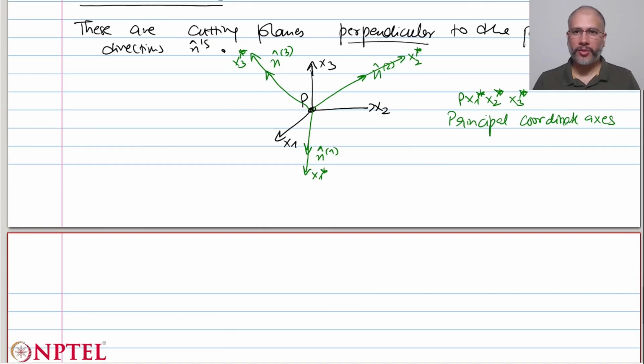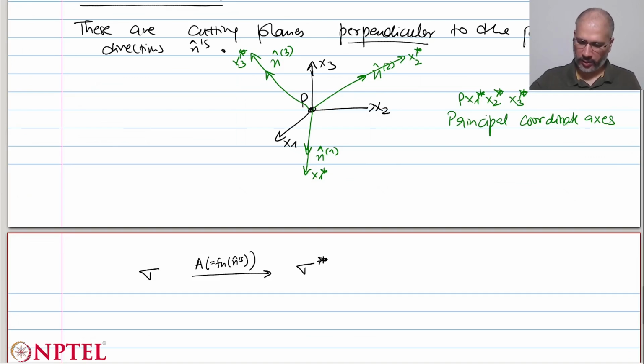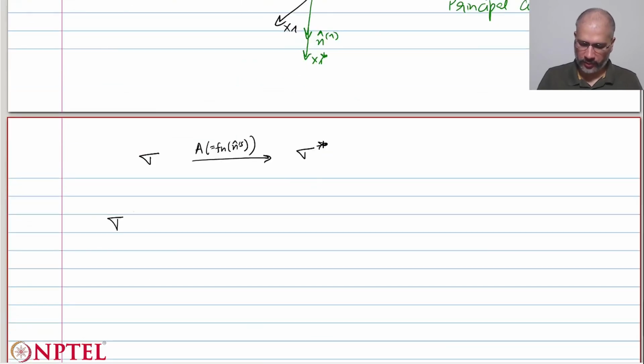If I transform my sigma from the base coordinate system, P x1, x2, x3, to the starred coordinate system, P x1 star, x2 star, x3 star, using the transformation matrix A, which is a function of the n hats, and we have shown that earlier, it basically contains the 3 vectors n hats as its elements. When we do this transformation, we get sigma star, which has this form.